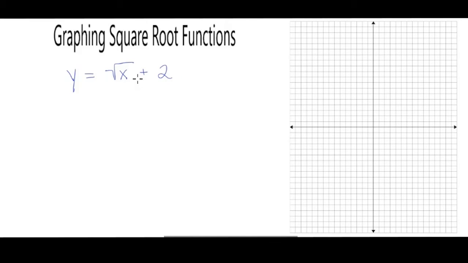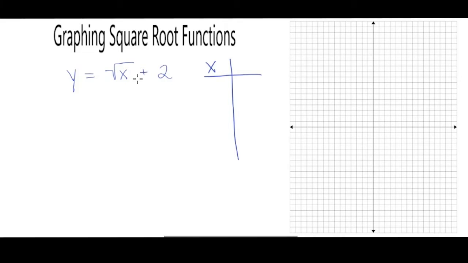First thing I need to do is pick some x values that will turn out nice when we find the square root. So I'm going to find numbers that I know the square root of and plug those in for x, because that will produce a nice square root. So I'm going to pick perfect squares.